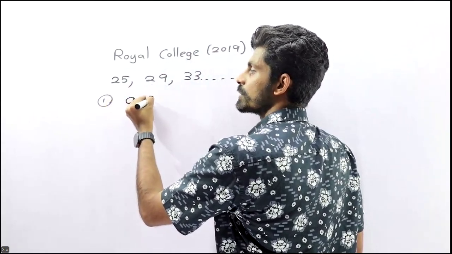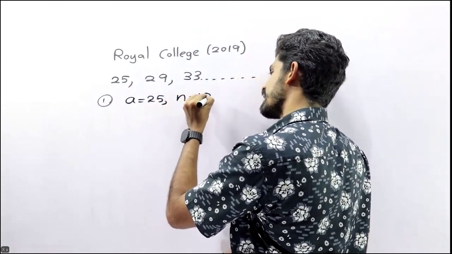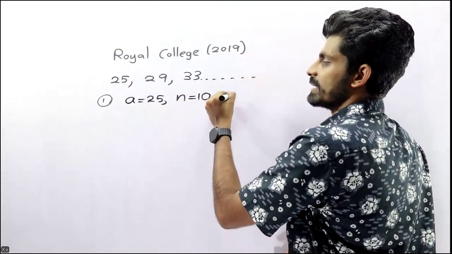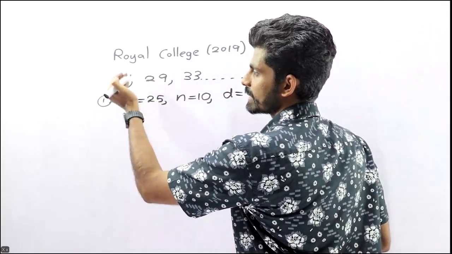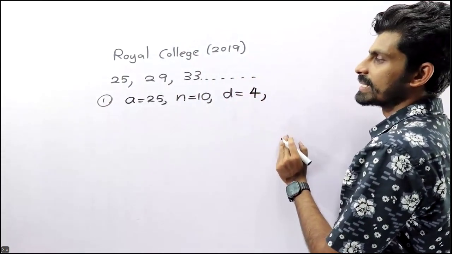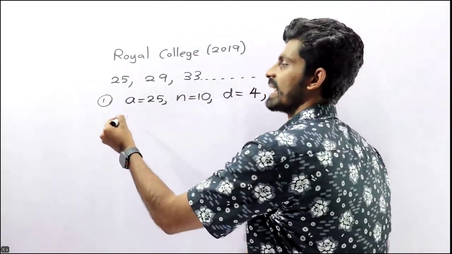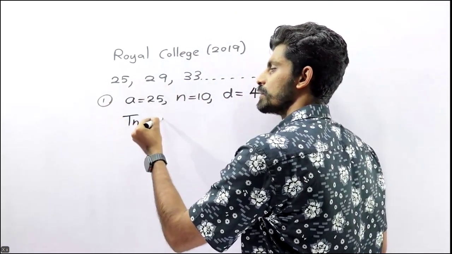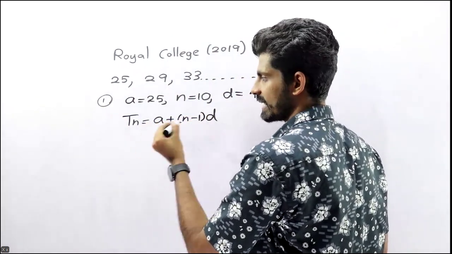A equals 25, n equals 10, d equals second term minus first term, 29 minus 25, 4, right? We need the 10th term. Tn equals a plus n minus 1 into d.